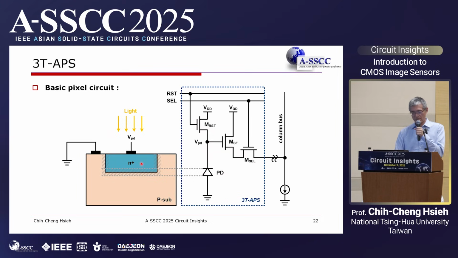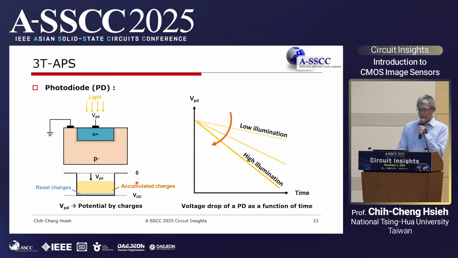And this pixel usually comes with a simple PN junction for the photoelectric effect. The PN junction can sense the energy of the photons and generate free electron-hole pairs. So you can imagine the diode after reset is like a floating capacitance. The voltage on the floating capacitance will start to discharge based on your illumination condition.